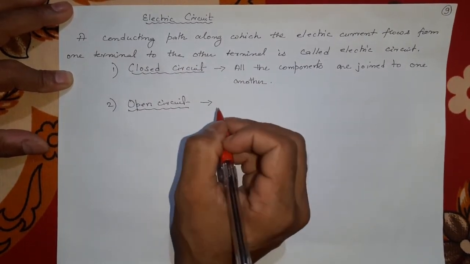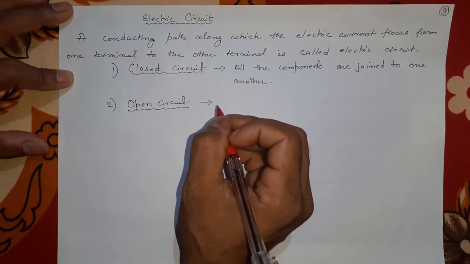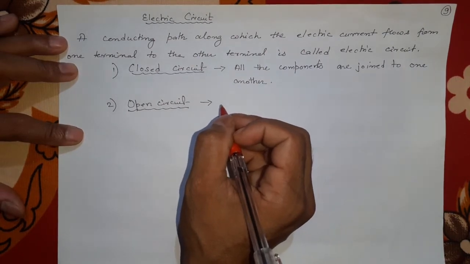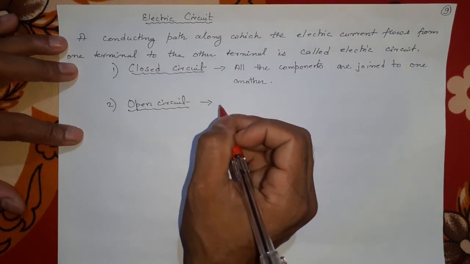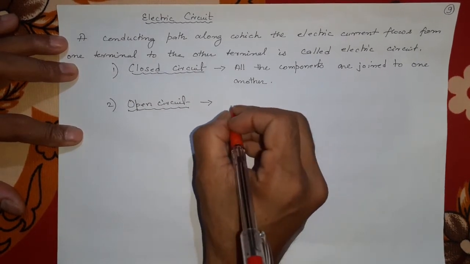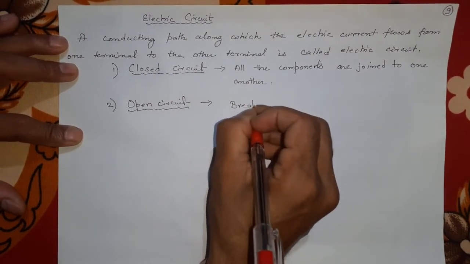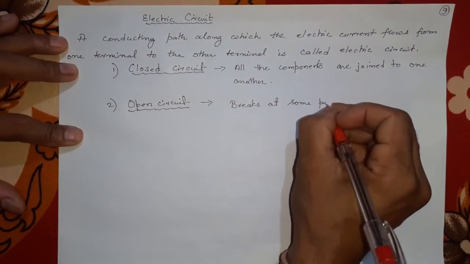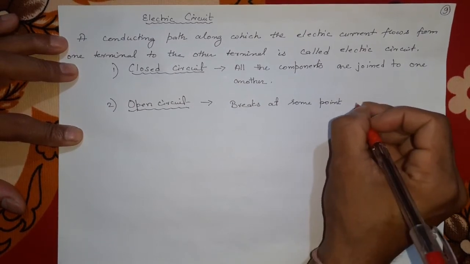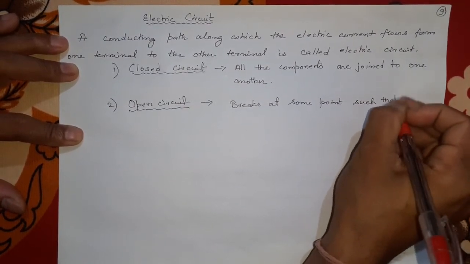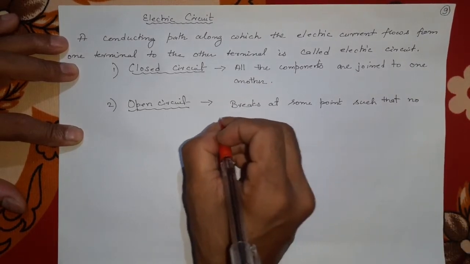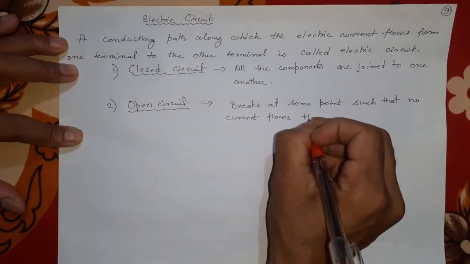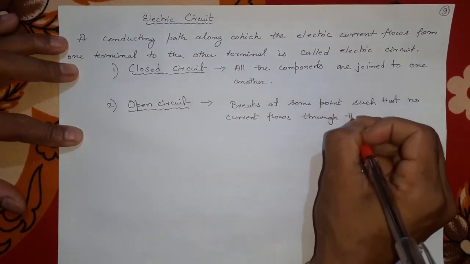You can see in your textbook, page number 71, there is a diagram also given, open and closed circuit together, you can understand there. Open circuit is where there is a breakage at some point, somewhere the wire is broken, such that no current can flow through the component.